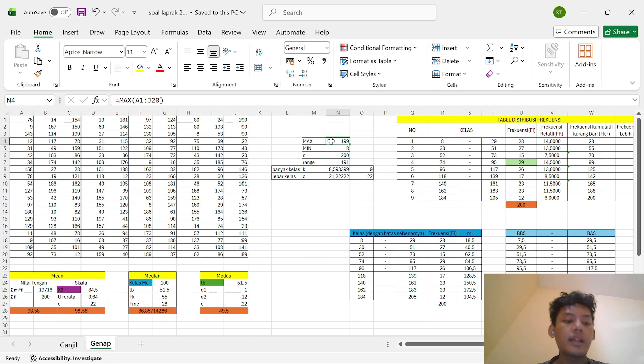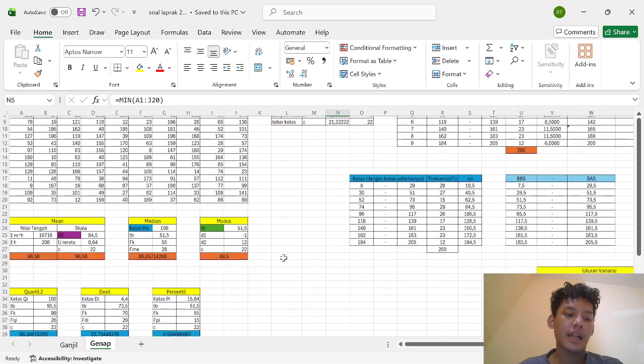After that, we find the minimum value using the formula MIN. The MIN formula is used to find the smallest value from all the data.